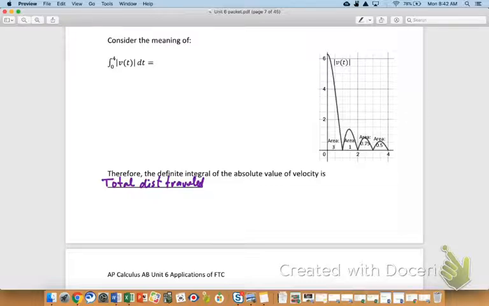Anybody notice, and this is the same velocity that we had up on the first example, what does the absolute value do to the velocity graph? Yeah, do you see how there were 2 loops that were below the x-axis or the t-axis before, and now they've been reflected up? Okay, so everything's above the t-axis now as far as the loops and turns of the graph.